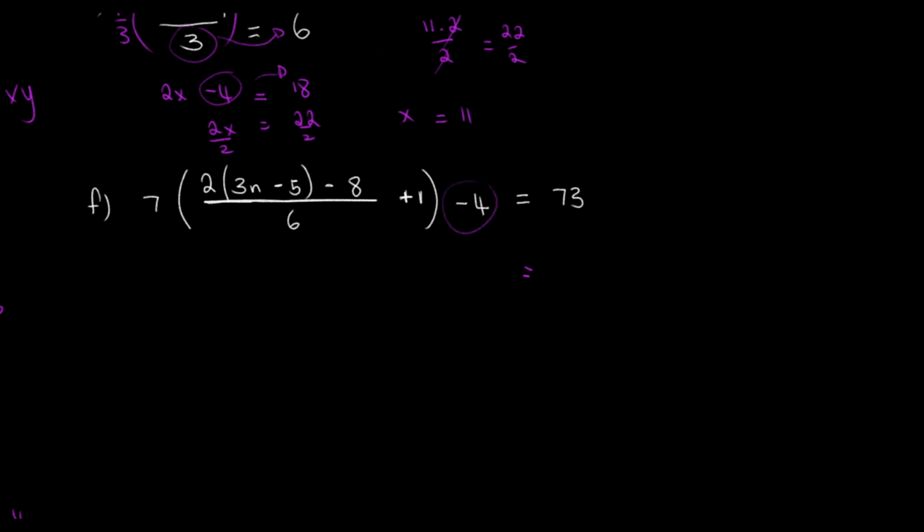Okay, I'm going to multiply to the opposite side, or transfer from the left-hand side to the right-hand side, and I get plus 4. That gives me 77. It's going to be a little bit repetitive, but it's okay.